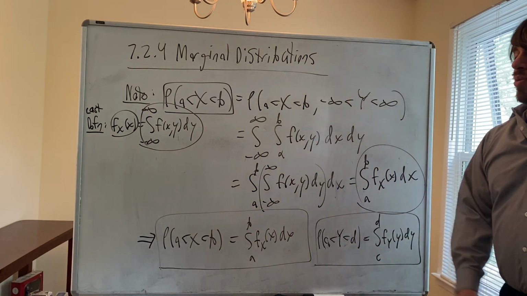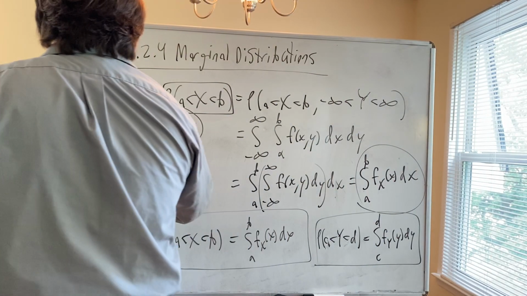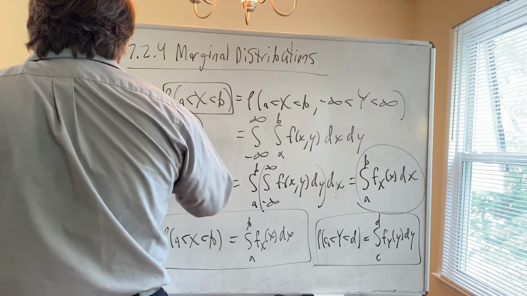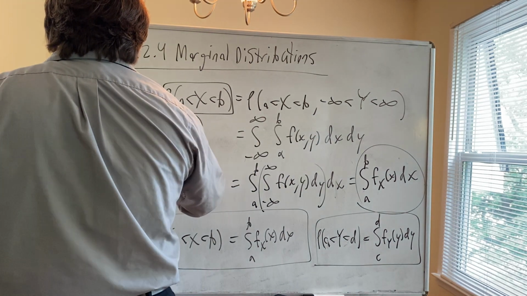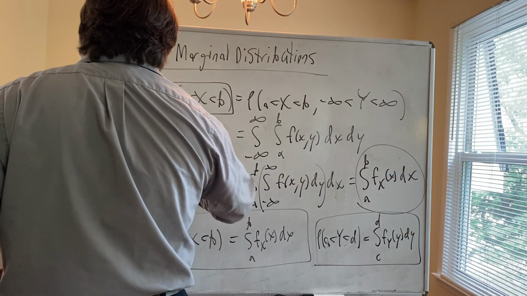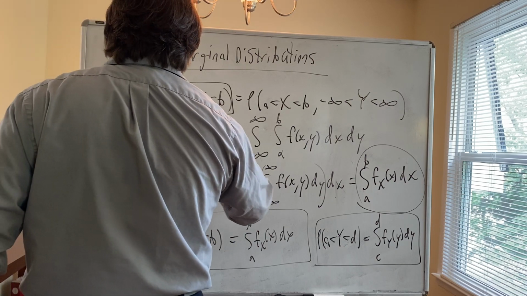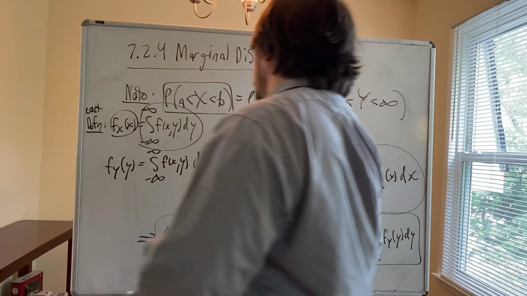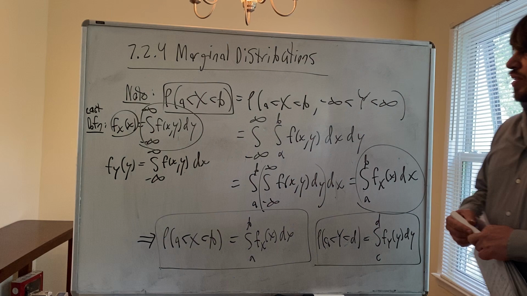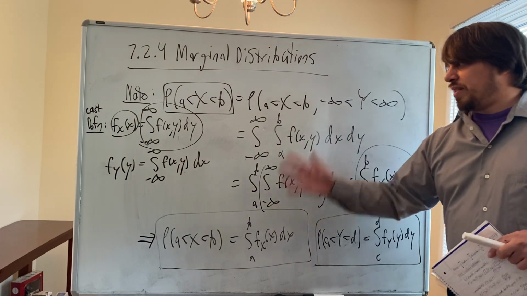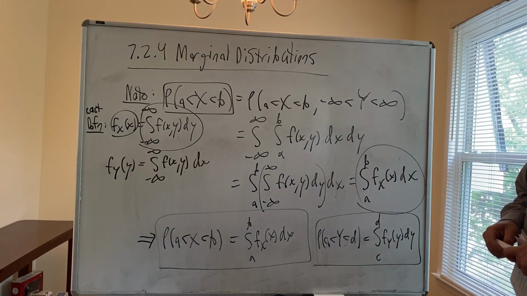Okay, and you use the definition here to justify it: f sub capital Y of y is equal to the integral from negative infinity to infinity of f of x comma y dx. And so you do a very similar thing here. You would use that definition and you would end up with this conclusion.